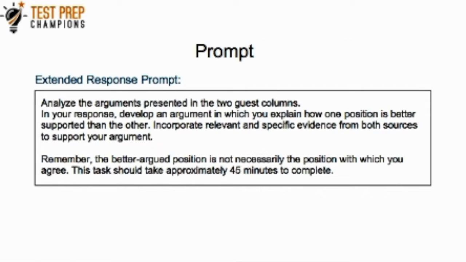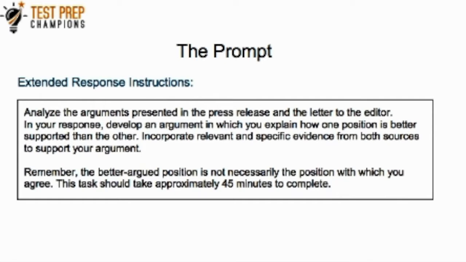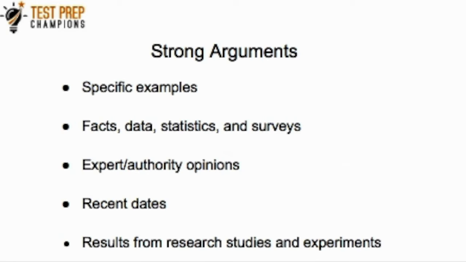It could be two different guest columns, or a press release and a letter to the editor. Basically, you read two passages, pick whichever position is best supported by the evidence, and develop in your essay why.